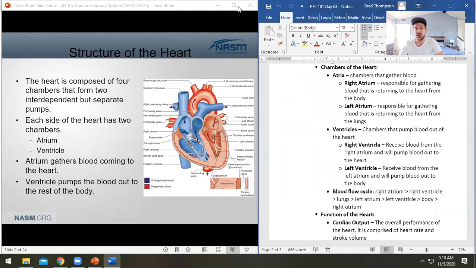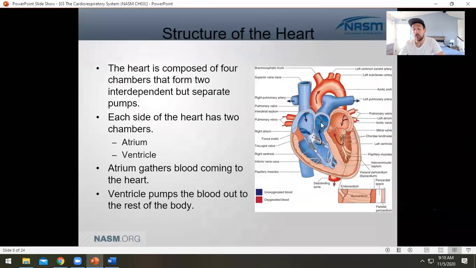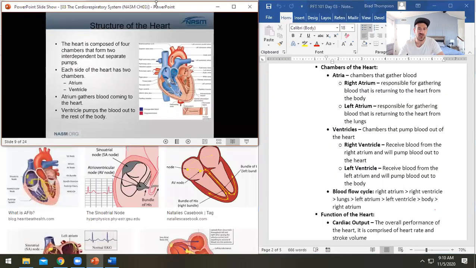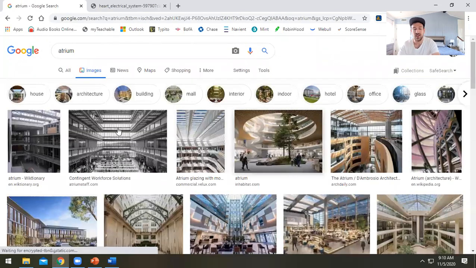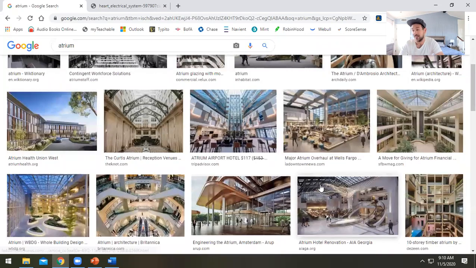The atriums are the upper chambers. Think about the word atrium. If I type in atrium, you'll see it's kind of like the big empty chamber in a building, a gathering site.